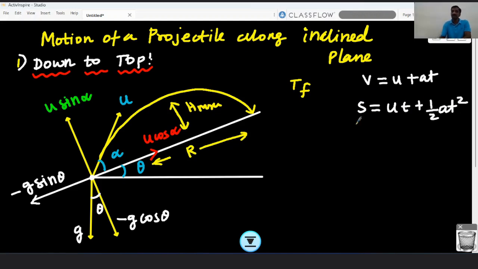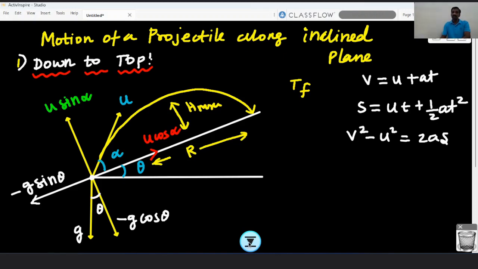And then the velocity-position equation, v square minus u square equal to 2as. These are the three equations we already used in equations of motion. To find h maximum, time of flight and range, you will be using any of these equations.